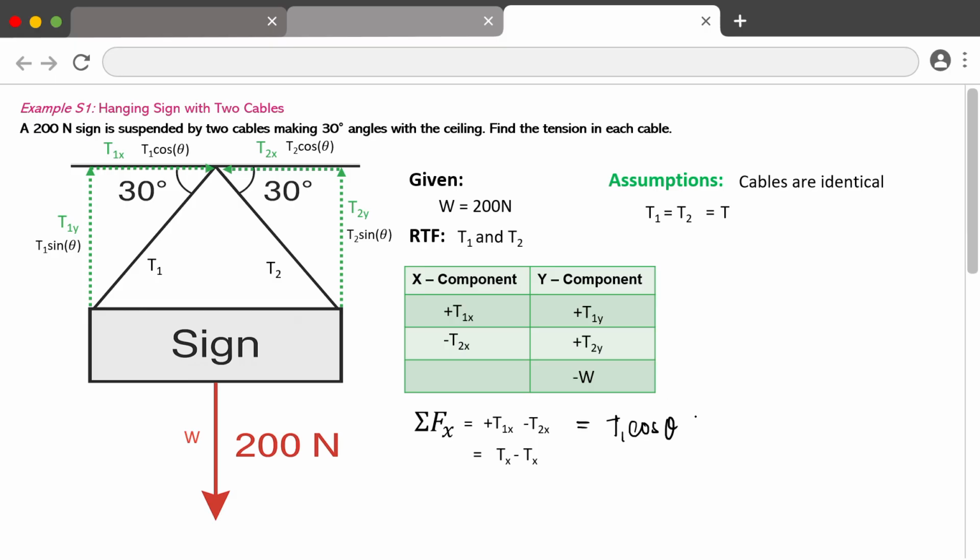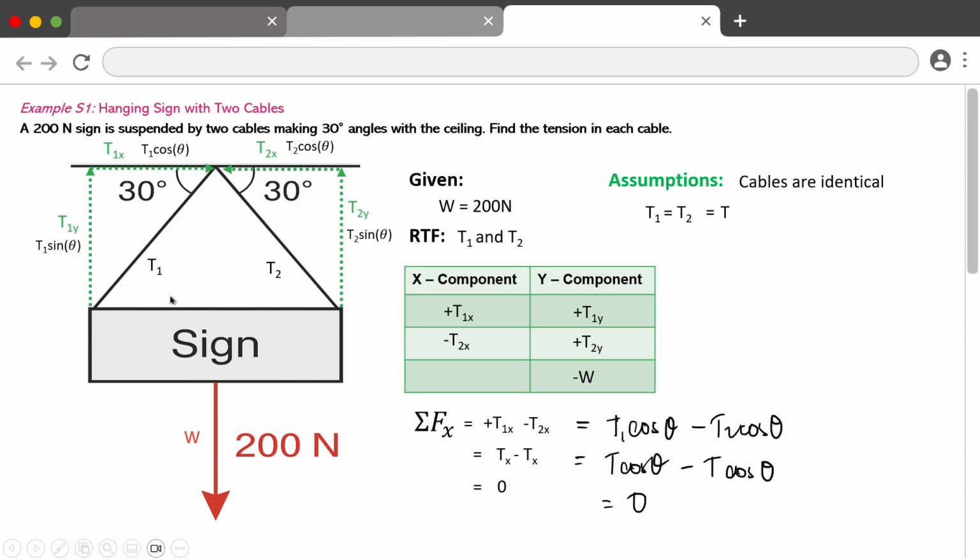Our T2x is negative T2 cosine theta. However, because of our assumption, we can write this as T cosine theta minus T cosine theta, which gives us 0. So that's one way to look at it. The sum of all the forces that act on the sign along the x-axis is simply equal to 0.